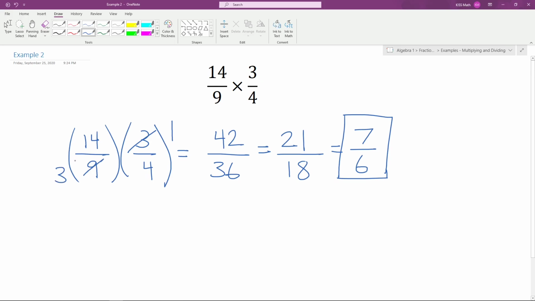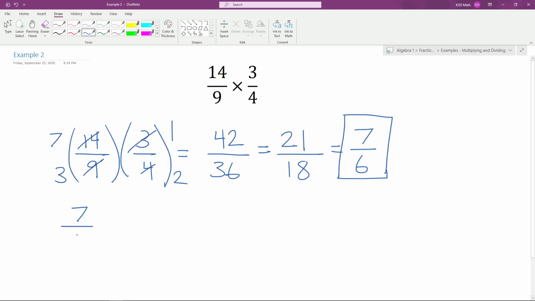And then I see if I can find another number that will go into a top and bottom number evenly, which I do. So I see 14 and 4. Both of those are divisible by 2. So if I do 14 divided by 2, I get 7. And 4 divided by 2 is 2. And now I have a new set of fractions here that have been simplified.